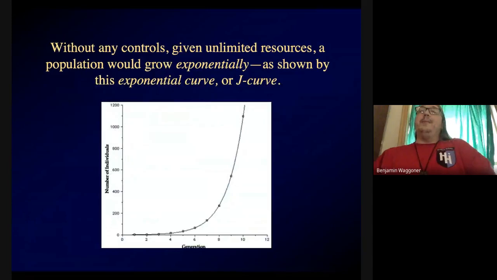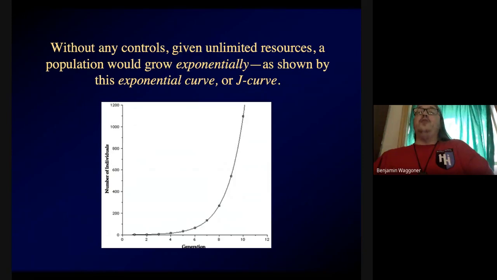Let's start with looking at populations, and we'll go back to an observation that Darwin made. If a population was able to grow and all of its members were able to reproduce at full capacity for their entire lifespans, and all members lived a full lifespan and didn't die until they were quite old, for whatever that means for a species, and there were no controls on it, a population would grow exponentially, meaning that it would double over a fixed time.